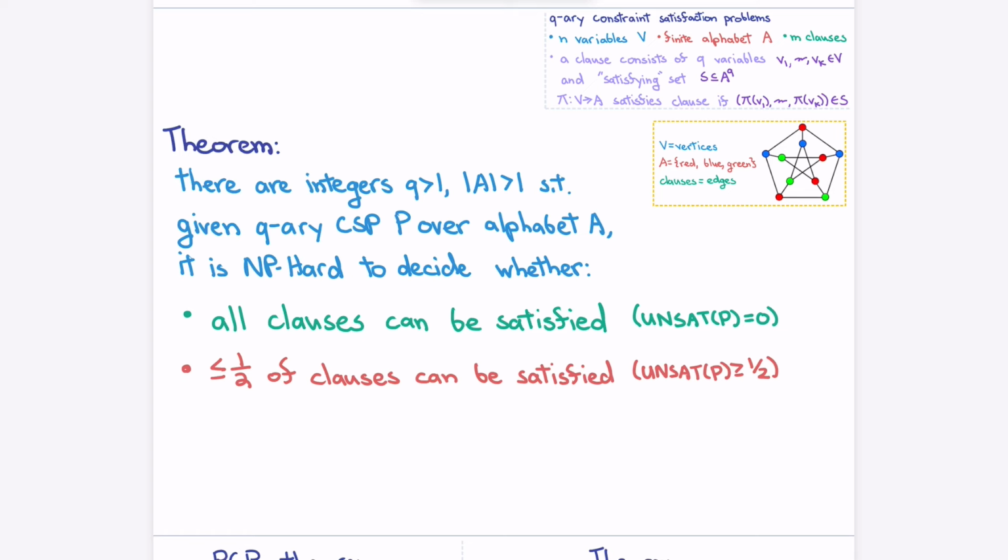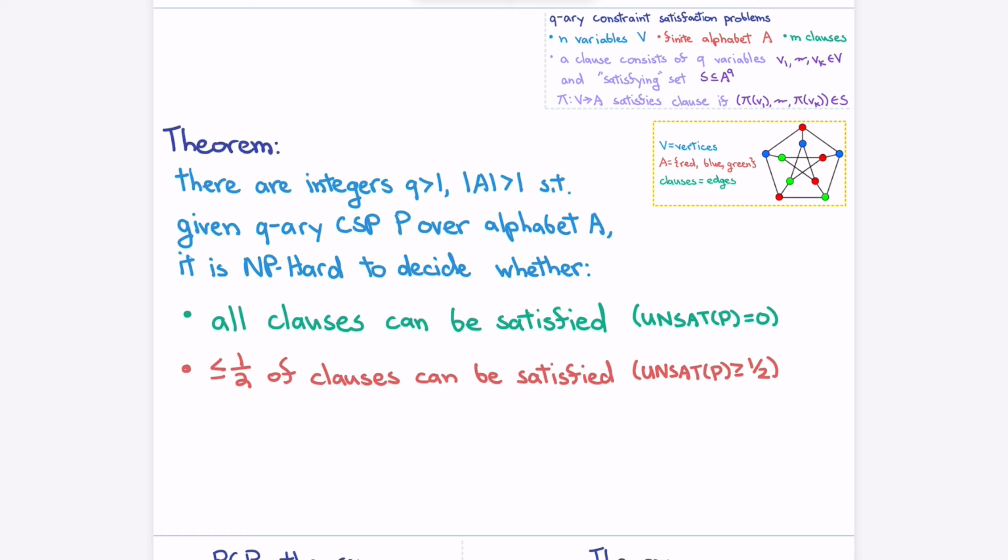All right, let's consider this theorem. The claim is that there are finite integers, for some finite q, a finite alphabet size, and this is the theorem we're going to try to prove. It's NP hard to decide if either unsat is 0 or unsat is at least 1/2.